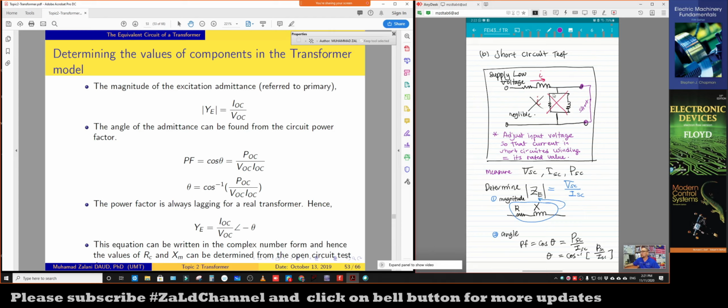We want to make sure that current will not flow through the parallel branch.